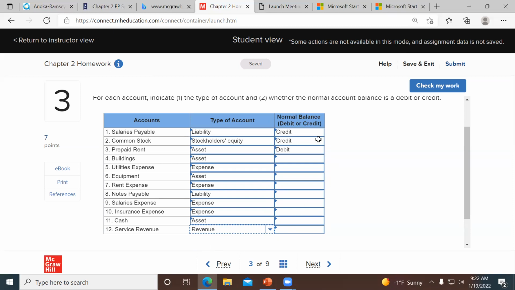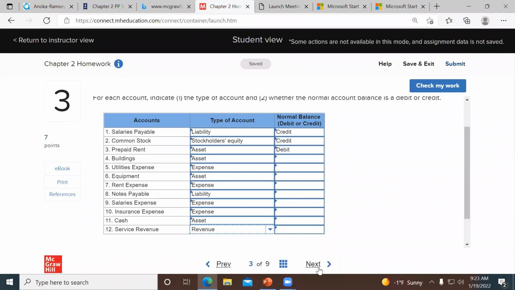And again, DEA, LOR. DEA, dividends, expenses, and assets have a normal debit balance. LOR, liabilities, owner's equity, and revenues have a normal credit balance. Okay.